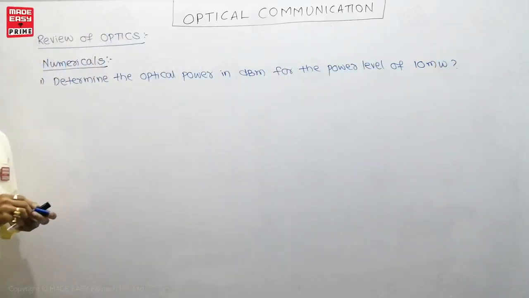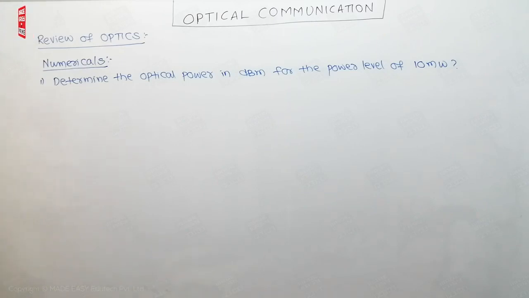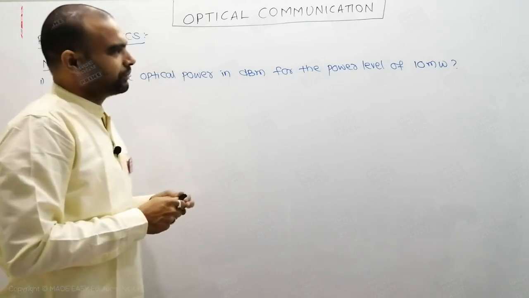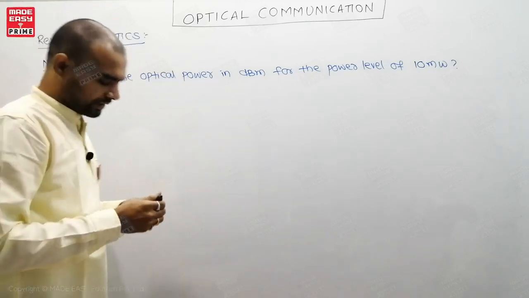The input power P was given, that is 10 milliwatts. It asks us to find the optical power in dBm for the power level of 10 milliwatts.